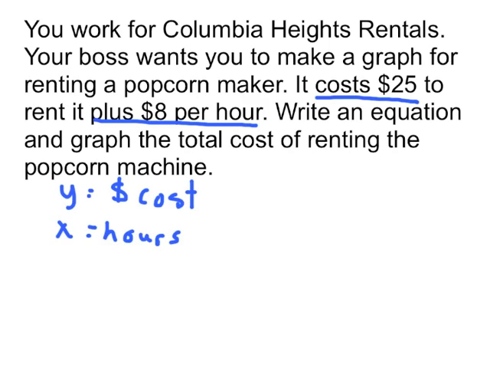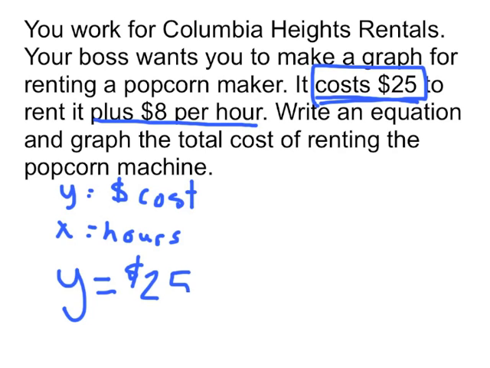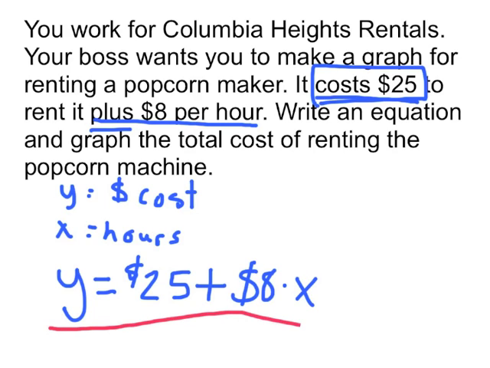So the total cost is y equals, and it says that it costs $25 to rent plus $8 per hour. So 1 hour would be $8, 2 hours would be 16, 3 hours would be 24. So we need to multiply $8 times each hour. So this is our equation. y equals $25 plus 8 times x.